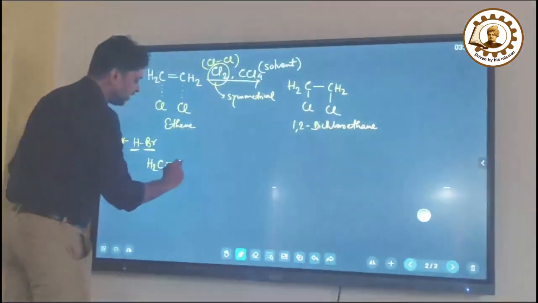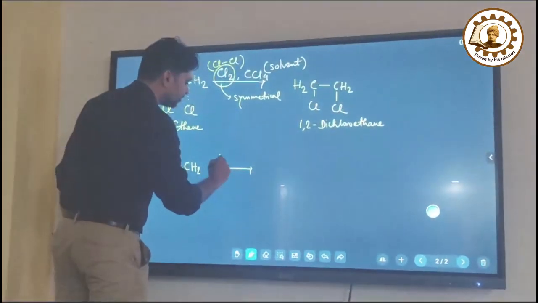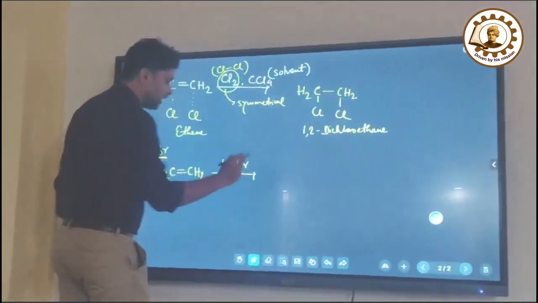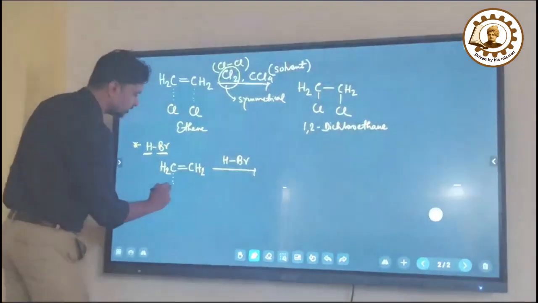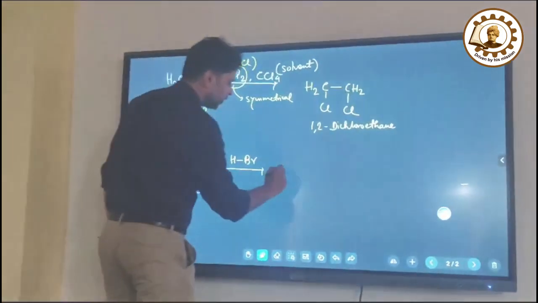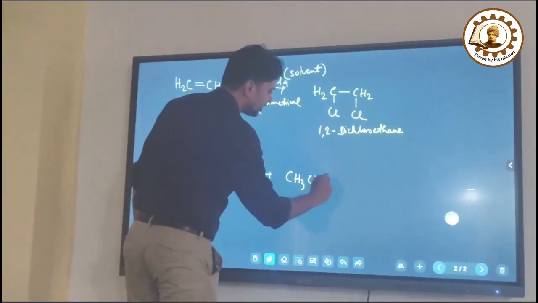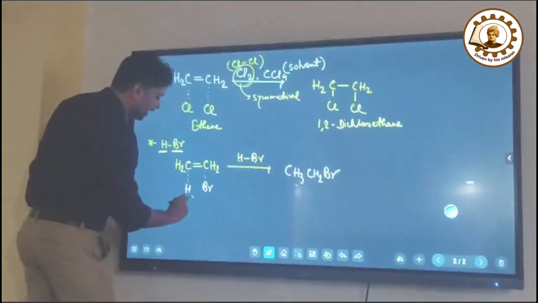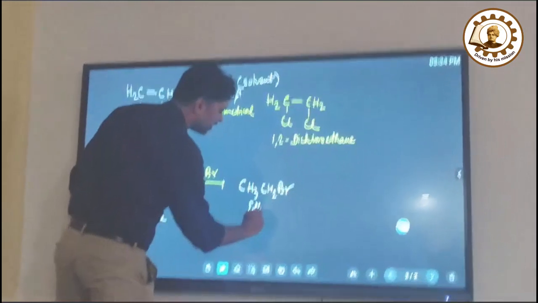Suppose we have ethene and we are adding HBr. The same situation here: one particular atom will be added to this carbon, and one particular atom will be added to this carbon, leading to the formation of this compound. From ethene we have ethyl bromide.